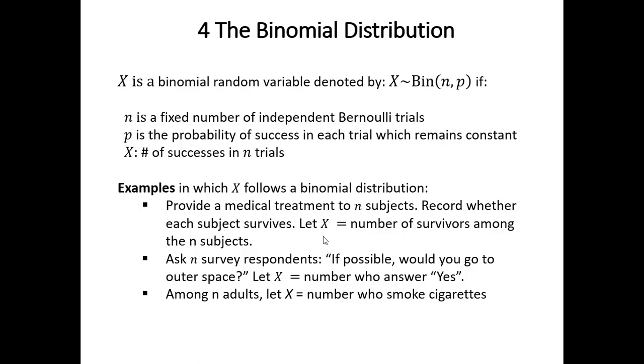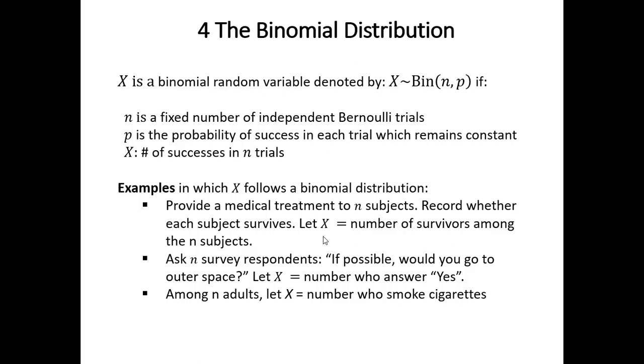Well, let's let x be the number of people who answer yes. So you could see that if you had a group of, let's say, 50 people, x was the number of people who answered yes. x could take on any value from 0 to 50, right?